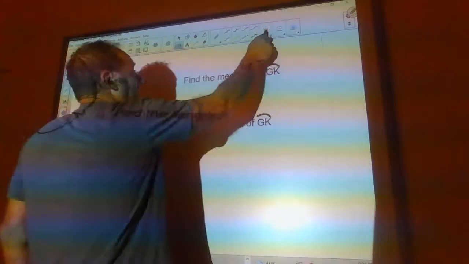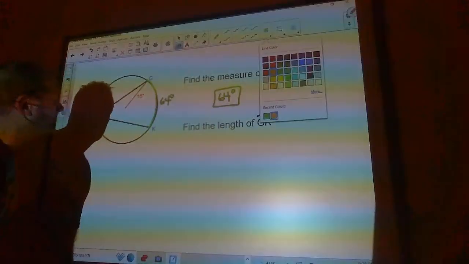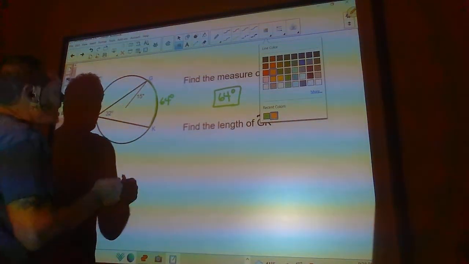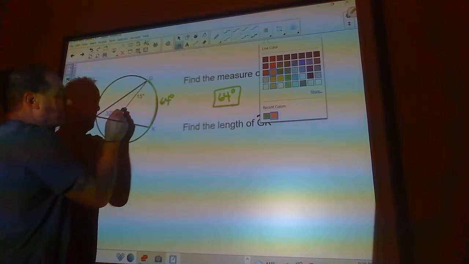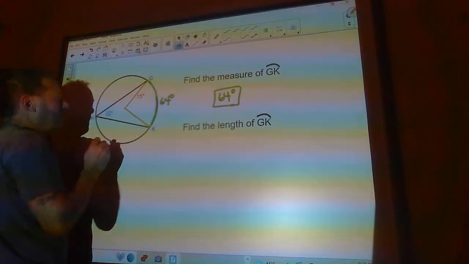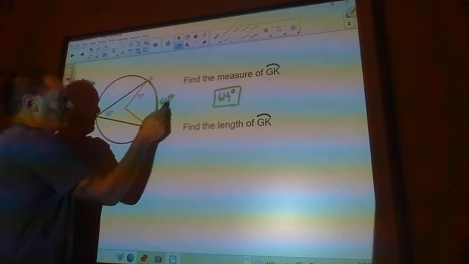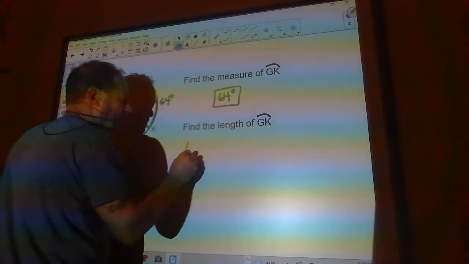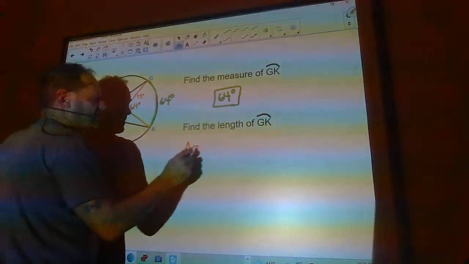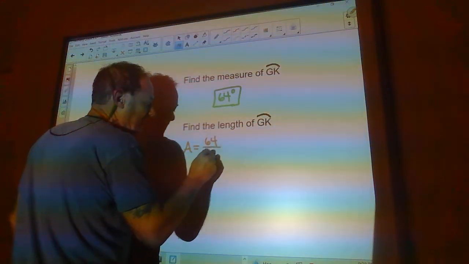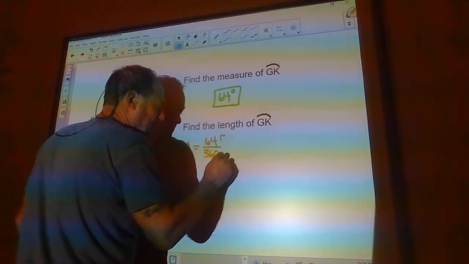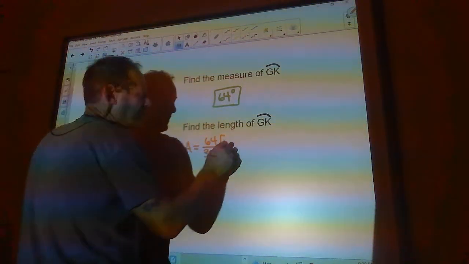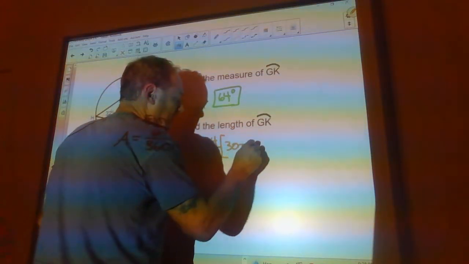Now I've got to find the arc length. I need to know the central angle, which is, by the way, right here. Remember that's going to be the same as the intercepted arc, so this is going to be 64 degrees. So the arc length is going to be 64 out of 360 times the diameter. Now the radius is 15, so the diameter is 30 times pi.